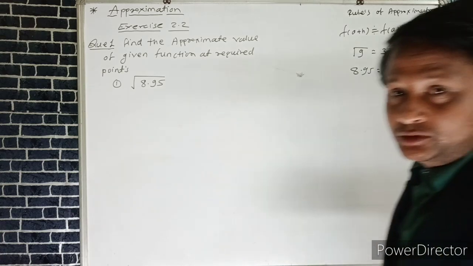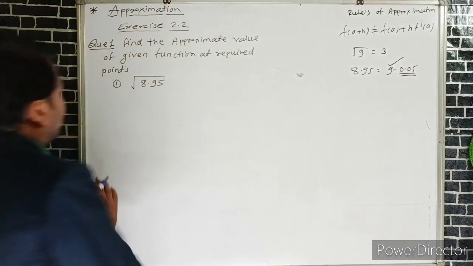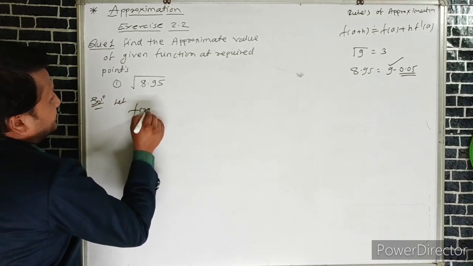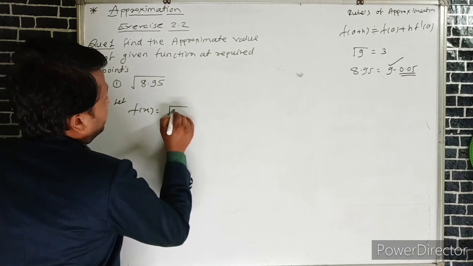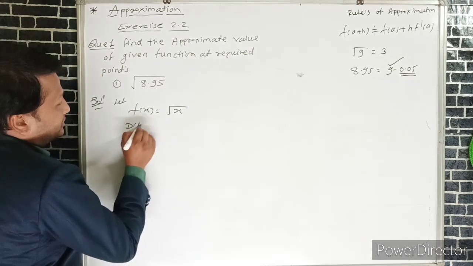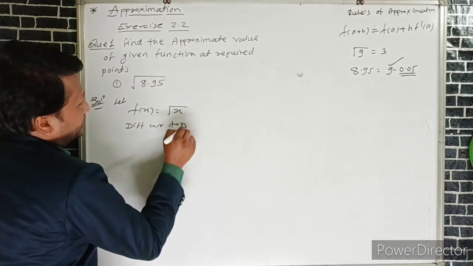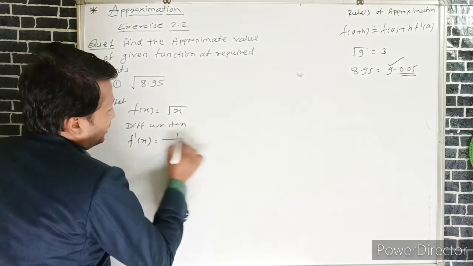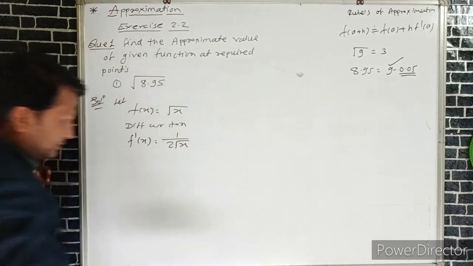which is minus 0.05. So first we consider that the given function f of x is equal to under root x, and if we differentiate with respect to x, then the derivative of f of x, which is f dash of x, is 1 upon 2 under root x.